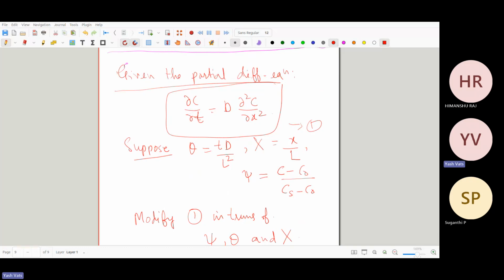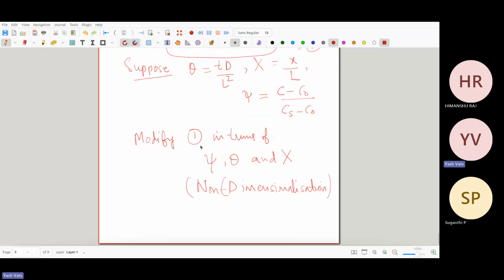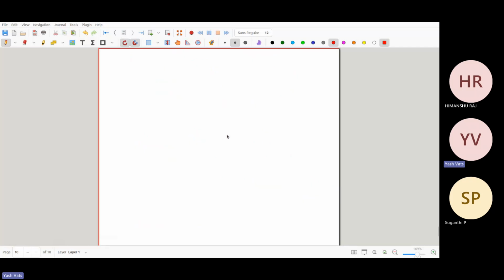Okay, let's solve it. How to non-dimensionalize it. So you have this equation: del c by del t is D times del 2 c by del x square.